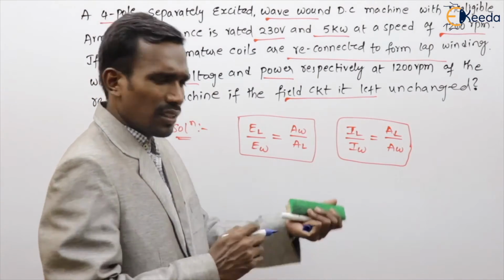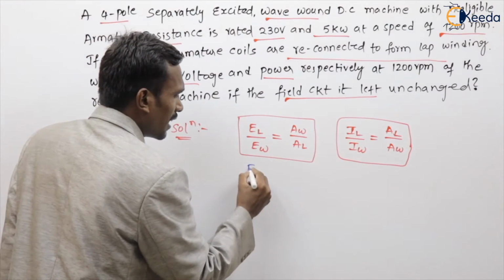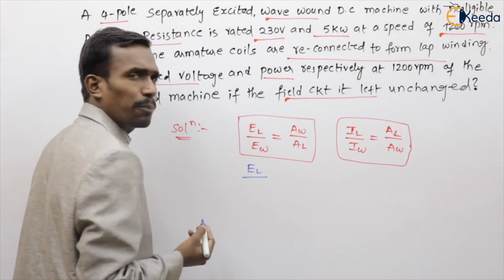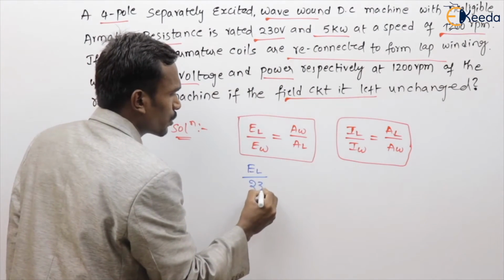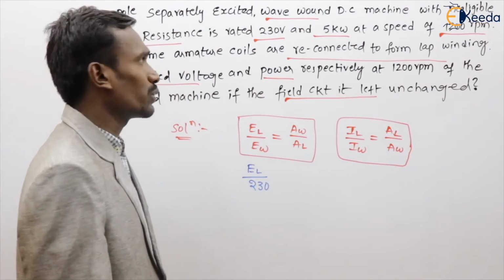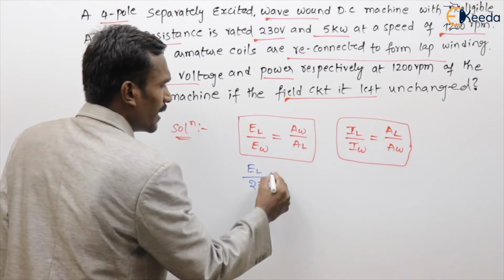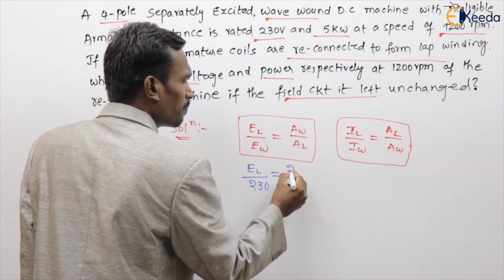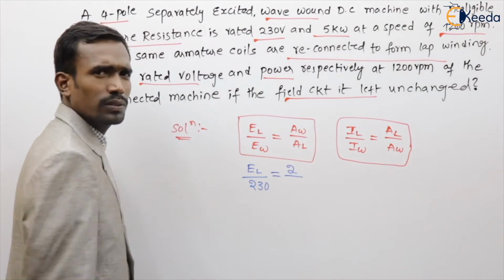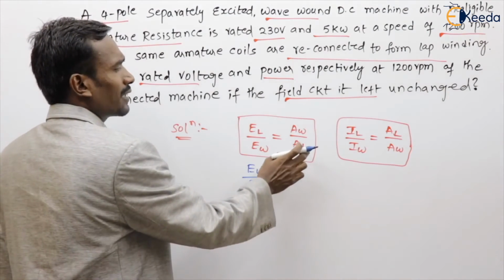Let's solve it. We have to find EL, the EMF in the lap winding. The EMF in the wave winding, EW, is given as 230. Can you tell me the number of parallel paths in wave winding? 2. Number of parallel paths in lap winding?